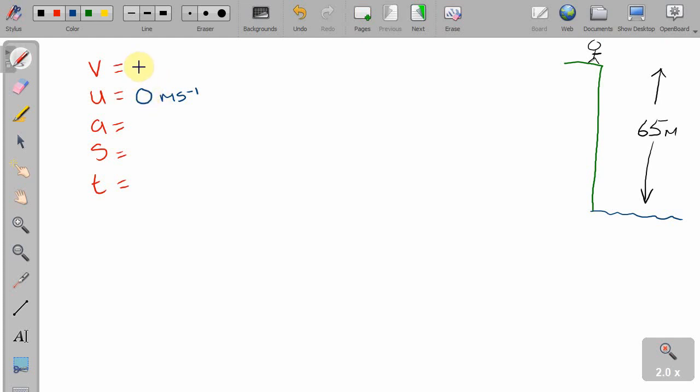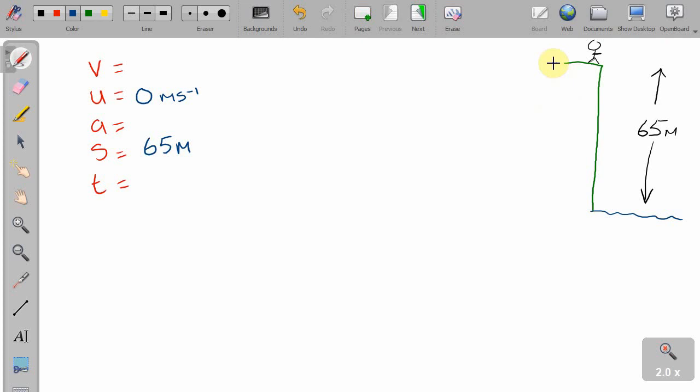Now, we don't know what V is, because that's the final velocity that the stone would hit the water with. S we know because it was given to us in the question as being 65 meters. The time we don't know, and then the acceleration is something, again, it's not given in the question, but we still know it. We can infer it from this scenario, from the situation.